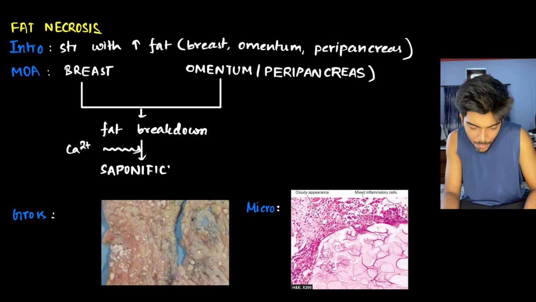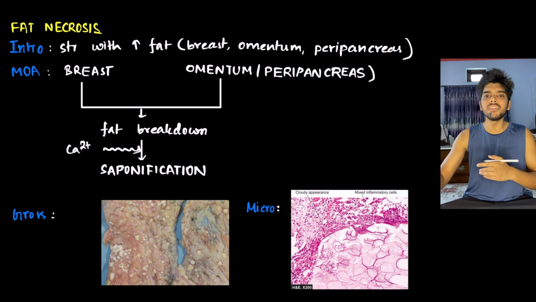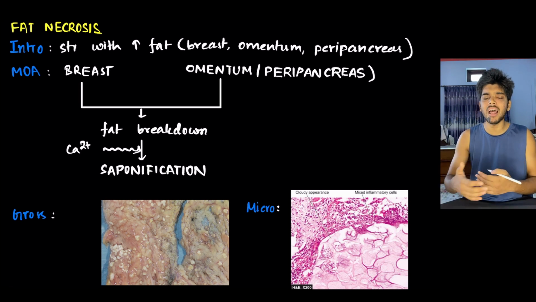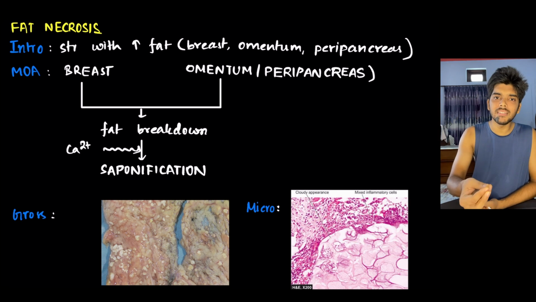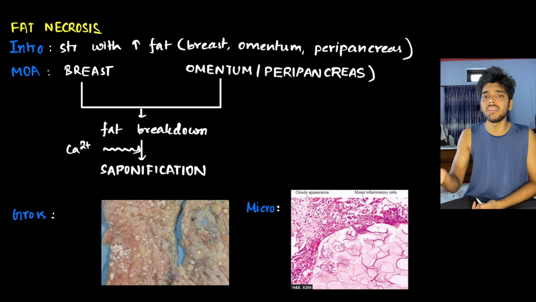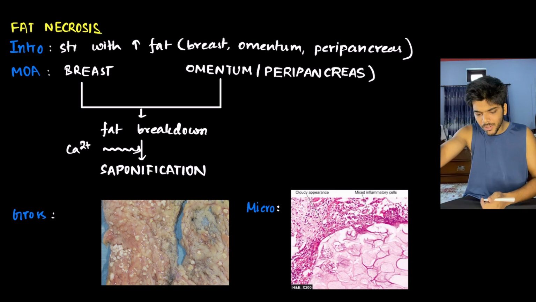What happens in saponification? Sodium potassium salt of a long chain acid, like fatty acid, is formed. Sodium potassium salt of fatty acid is soap. The formation of sodium potassium salt of fatty acid is saponification. Here, instead of sodium potassium, there is calcium. So calcium salt of fatty acid, soap formation, there is saponification.